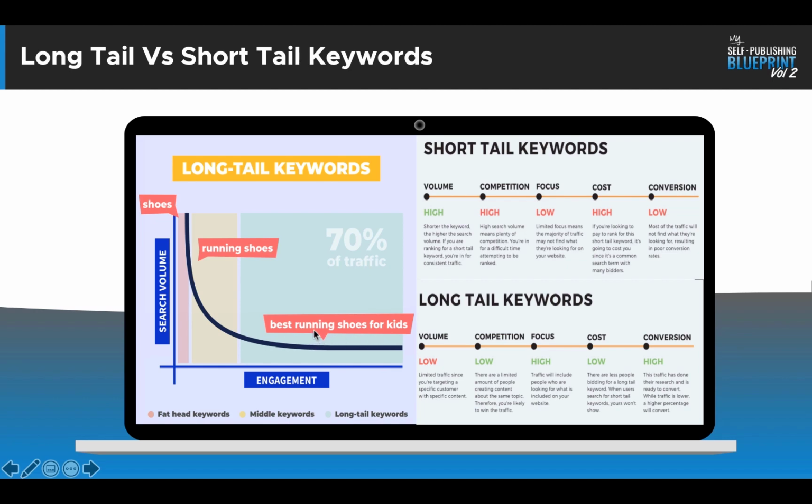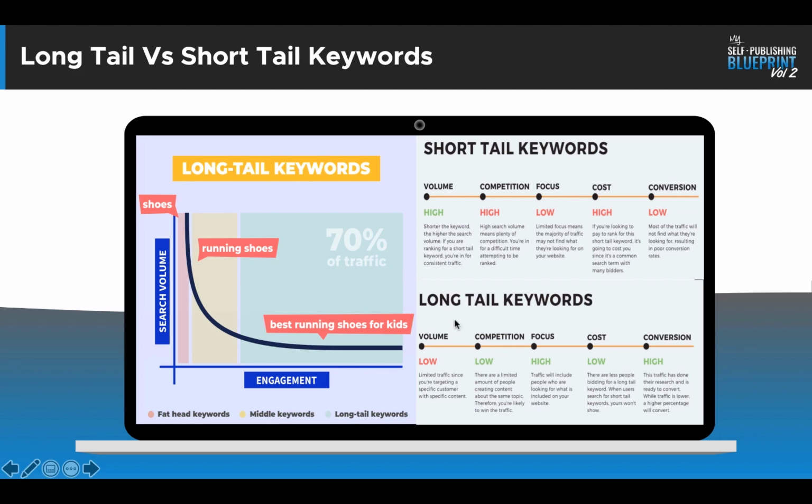We're talking about running shoes, and now we're talking about for kids. So it's very, very specific. 70% of all search traffic comes from long tail keywords. And that is so key to understand: long tail keywords are everything when it comes to running really profitable ads, especially in the beginning.